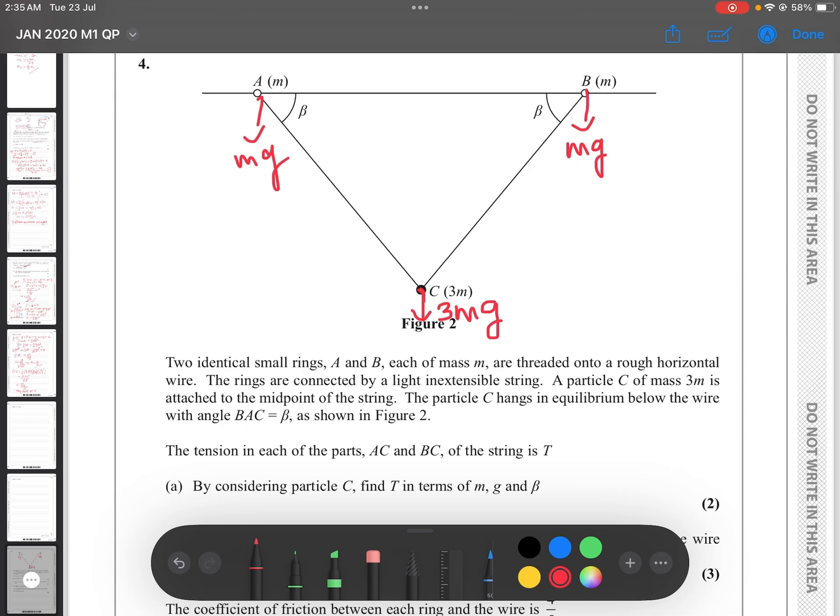They say the tension in each of the parts AC and BC of the string is T, so these both are T. If this is beta, then the angle from here forms an alternate angle, so this must be beta as well.